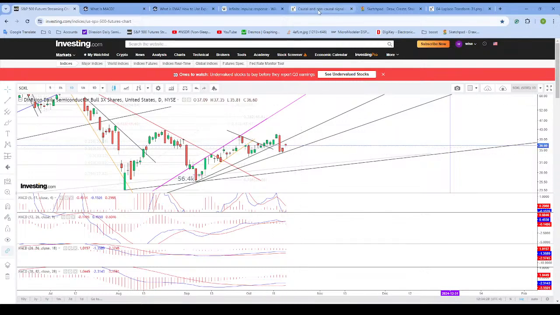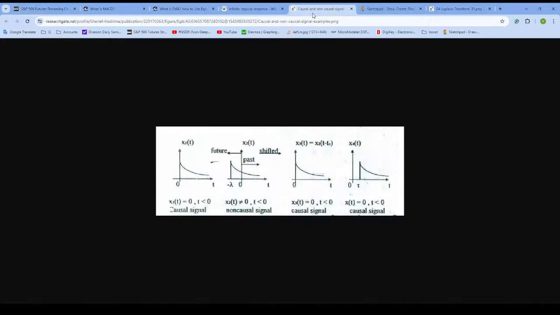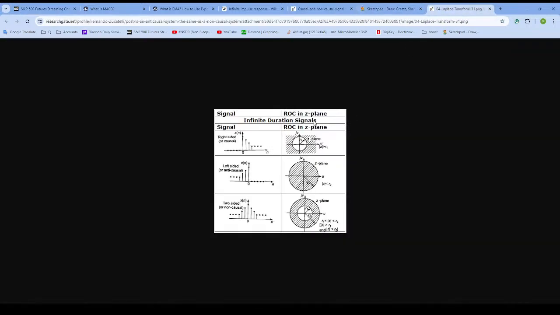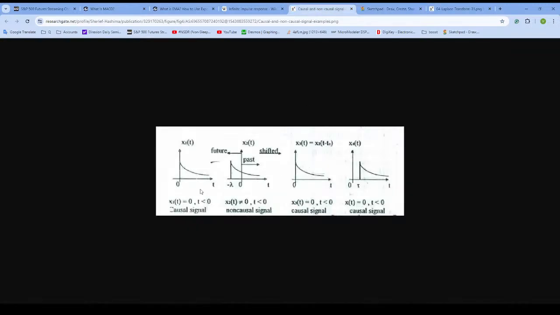This type of systems or signals are called causal signals. They're signals where the only information available is information from the past. In order to overcome this challenge, you're going to need information from the future.